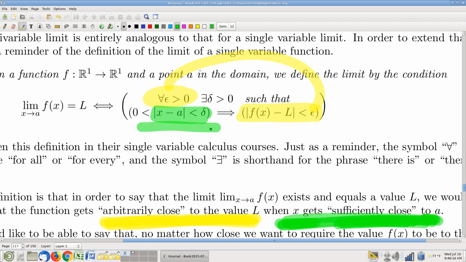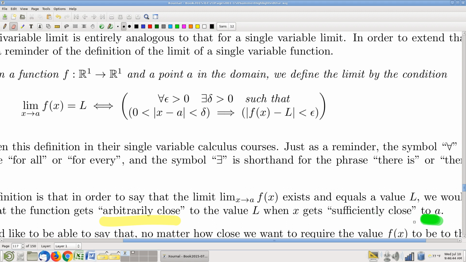I need for there to be some notion of close appropriate to the choice of epsilon. So there needs to exist some delta such that if x is that sufficiently close to A, I get my desired punchline that f of x is, as required, appropriately close to L. Okay, so that's the idea.